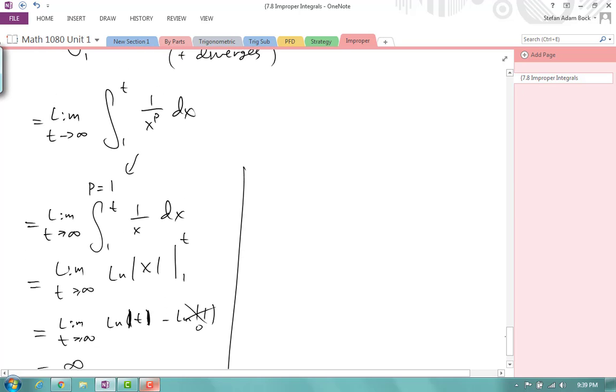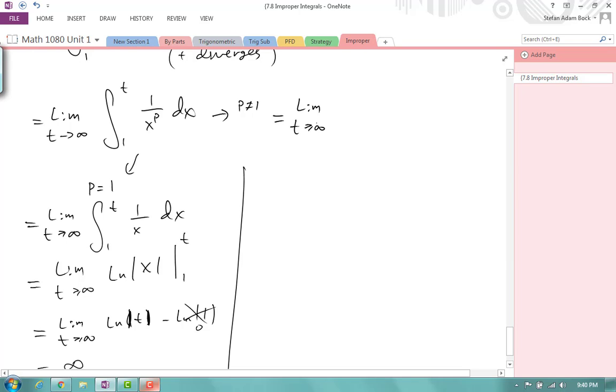So let's try p not equal to 1. If p is not equal to 1, then this antiderivative is going to use the power rule. So this would be equal to the limit as t goes to infinity.